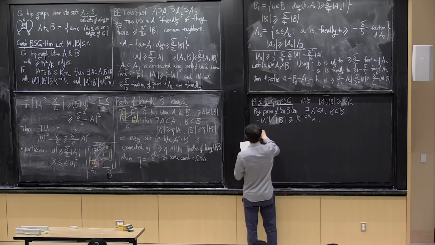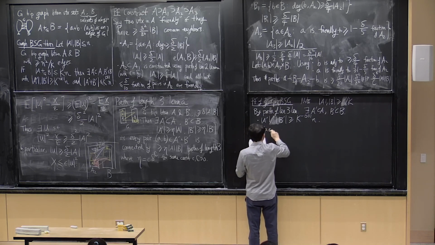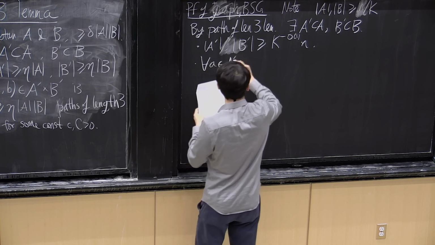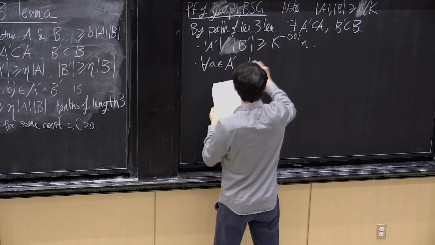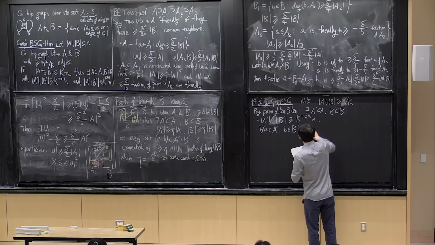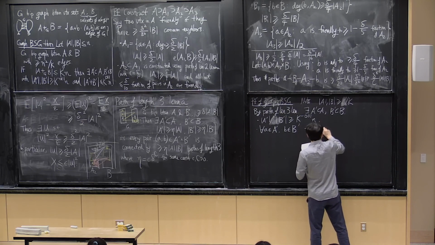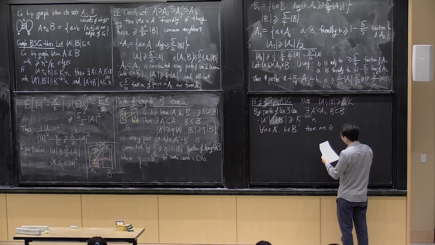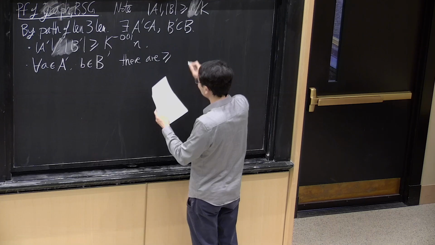And for all vertices a in A prime and b in B prime, there are lots of paths of length 3 between these vertices.